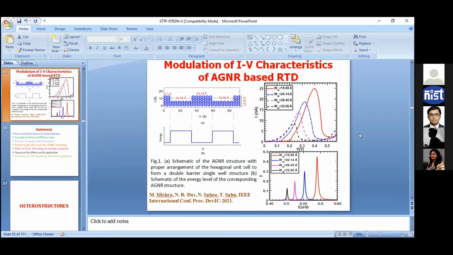Just for your clarification, let me explain. Is my screen visible? Yes, sir. When you want to make the graphene RTD, the resonant tunneling diode, you first design the quantum well and barrier. Which type of well and barrier you can design depends upon your design.